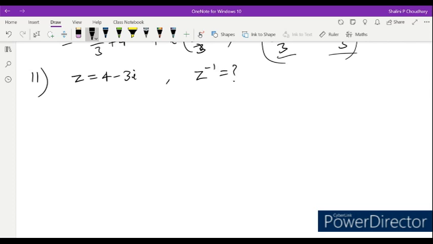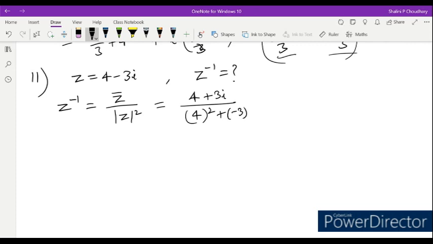So z inverse will be equal to conjugate of z divided by modulus of z square. So what will be the value of conjugate? Conjugate will be equal to 4 plus 3i divided by square of modulus. Modulus square will be equal to 4 square plus minus 3 square.